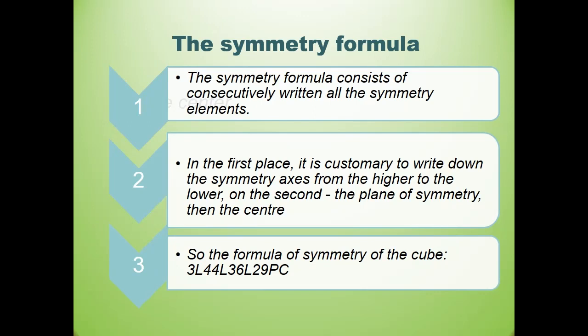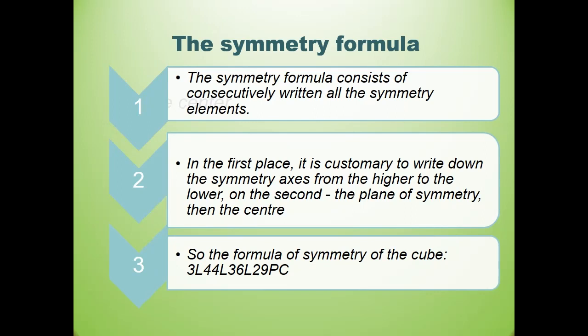But if you want to have the full description of a crystal and its symmetry, it is necessary to use the theorems of the combination of symmetry, and then you can use the formula of symmetry for giving this information. For example, this formula of symmetry means that there are 5 planes of symmetry.